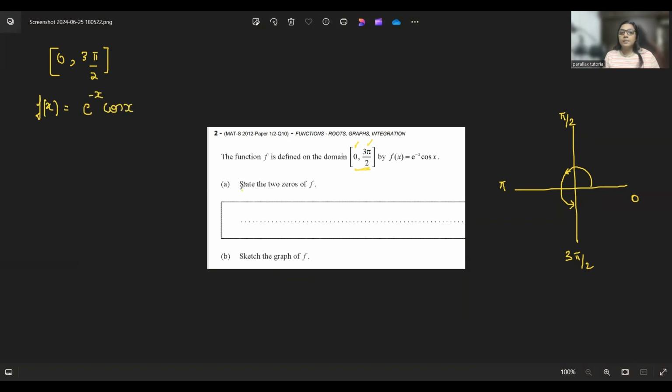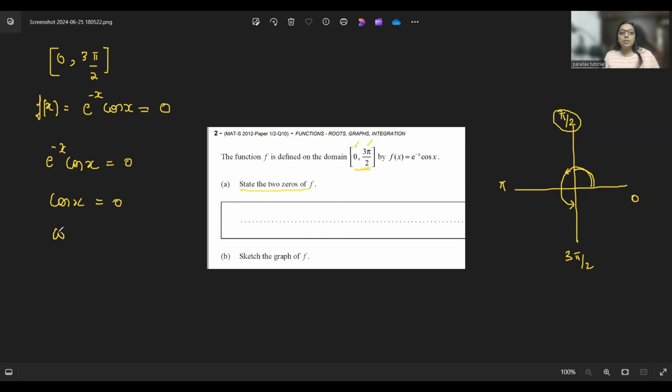The question says, state the two zeros of f. Zeros of f means the values of x for which f becomes 0. So clearly, e to the power minus x cos x will become 0 where cos x becomes 0. If you look at this, cos of pi by 2, remember you cannot go beyond this domain, okay?